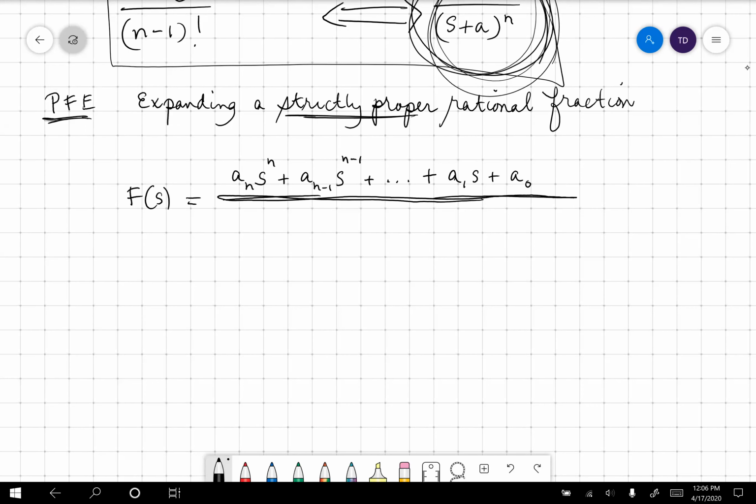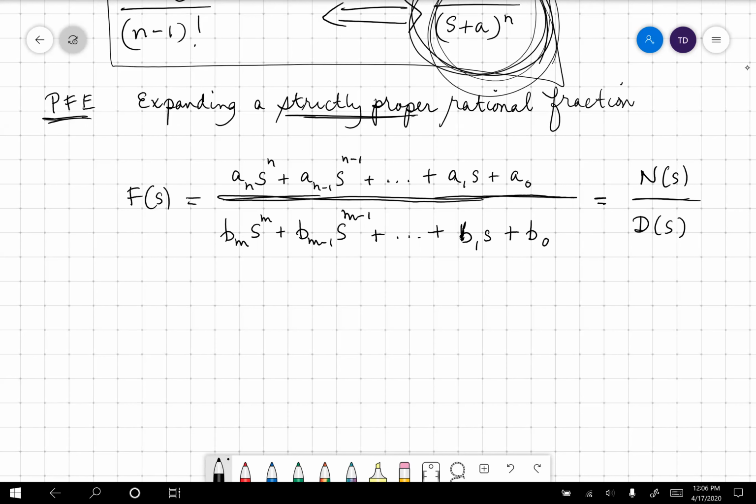And then in the denominator, I'll write b sub m, s to the m power, plus b sub m minus 1, s to the m minus 1 power, plus dot dot dot, plus b1 s plus b0. And oftentimes you'll see in the textbooks that this is written the following way: a numerator polynomial divided by a denominator polynomial.